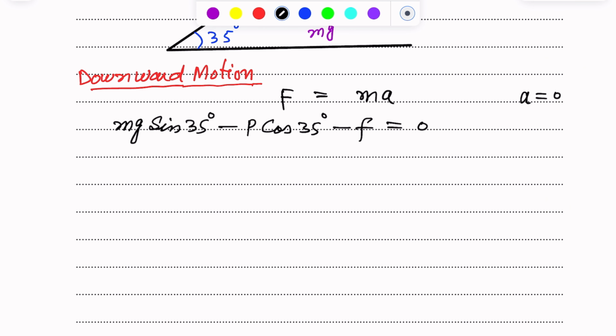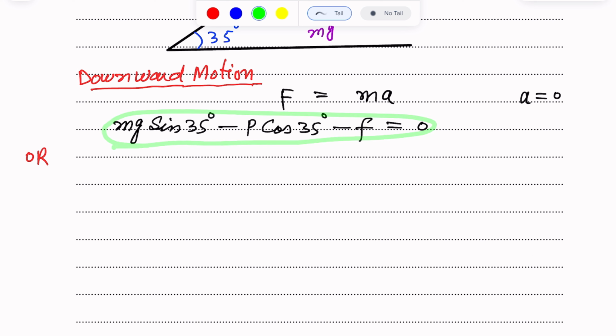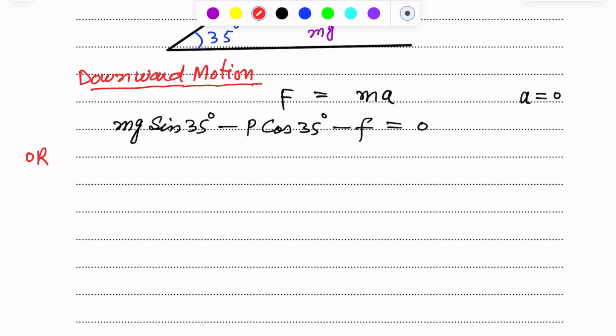Or simply, multiplying this whole equation by negative 1, we can write it in this form also: F plus P cos 35 degree minus mg sin 35 degree is equal to 0.